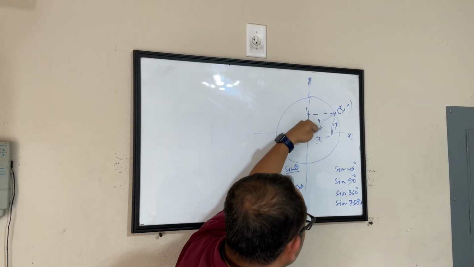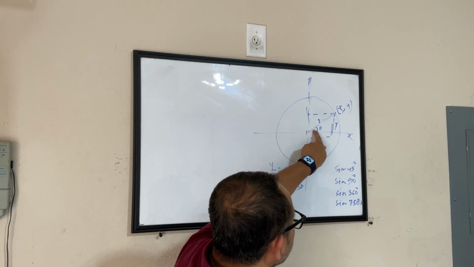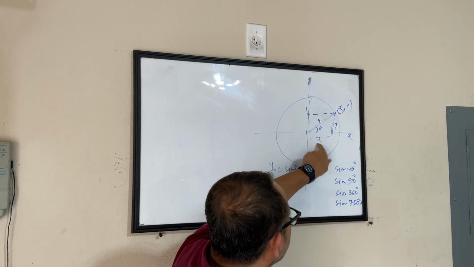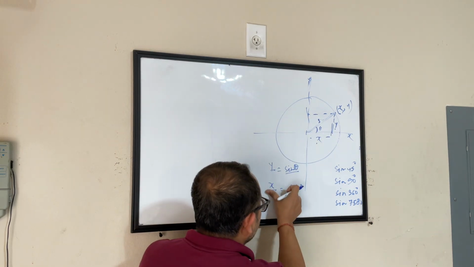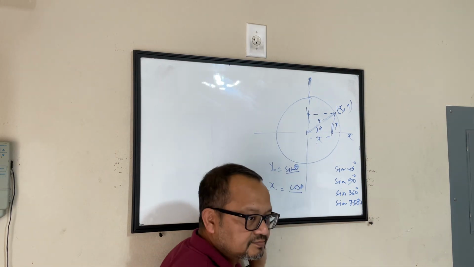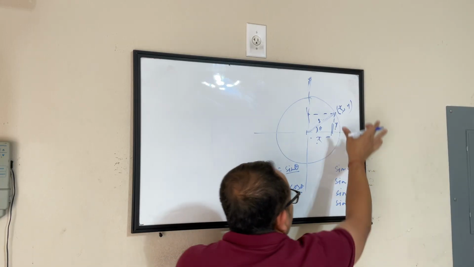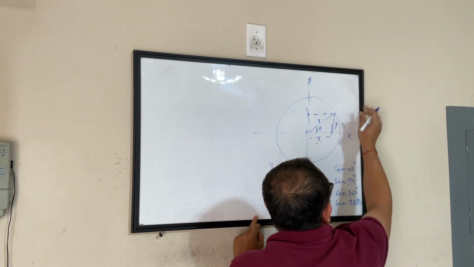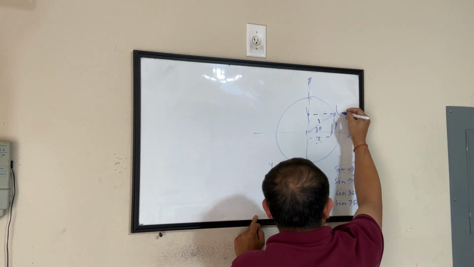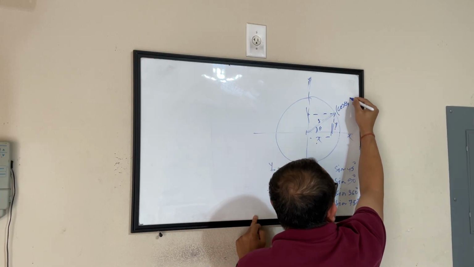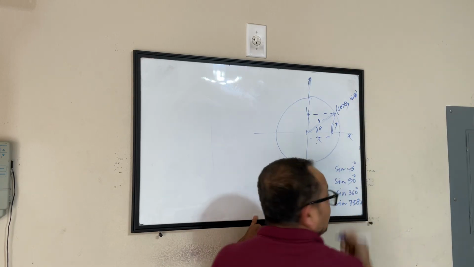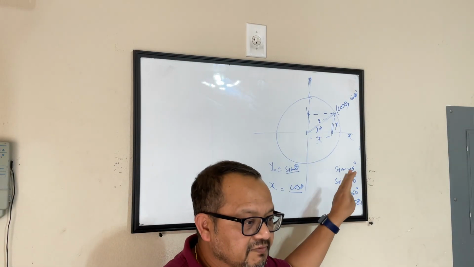This is a right angle triangle and this is my theta. So x, which is my base, by hypotenuse, that became cos theta. So that means my x value is cos theta. Hereafter I will not say x and y. I will say my x coordinate is cos theta and my y coordinate is sin theta, as long as I am relating that with the unit circle.